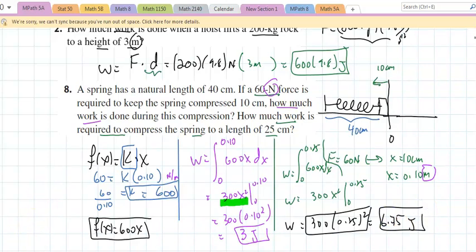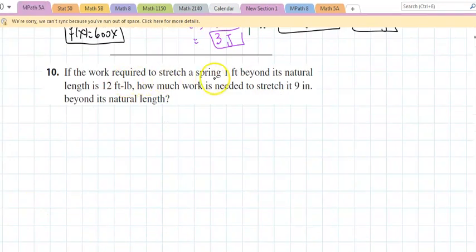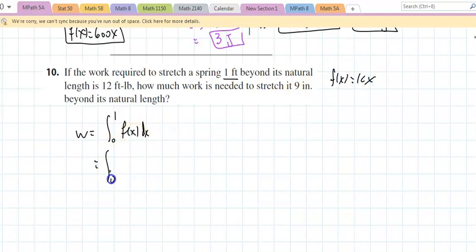Right, let me set up the next problem. So, number 10, the work required to stretch a spring 1 foot beyond its natural length is 12 foot-pounds. We know that f of x in this case is kx, so this is the integral from 0 to 1 of kx dx. The work required is 12. Again, you really don't have to drag the units, you can do this at the end.